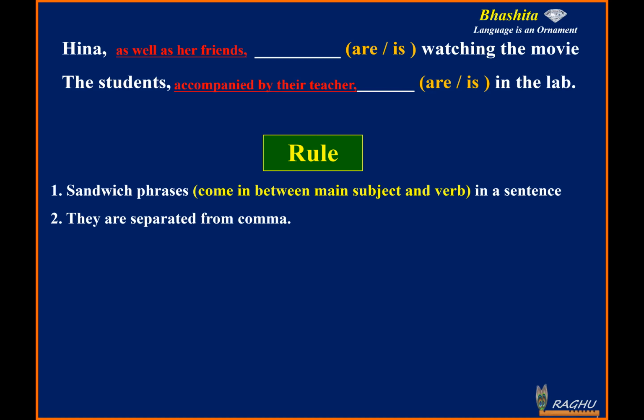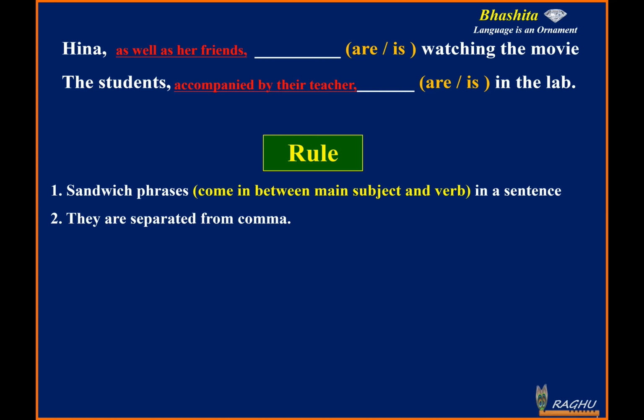Hina is the main subject, and the given options are verbs. So as well as her friends is a sandwich phrase, it comes in between the main subject and the verb. Similarly, in the second sentence, accompanied by their teacher is a sandwich phrase separated with commas, and it comes in between the main subject, the students, and the given options, which are the verbs.